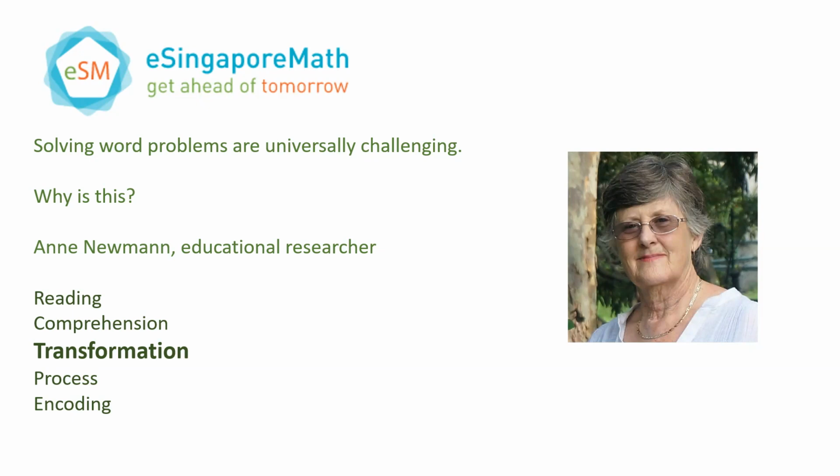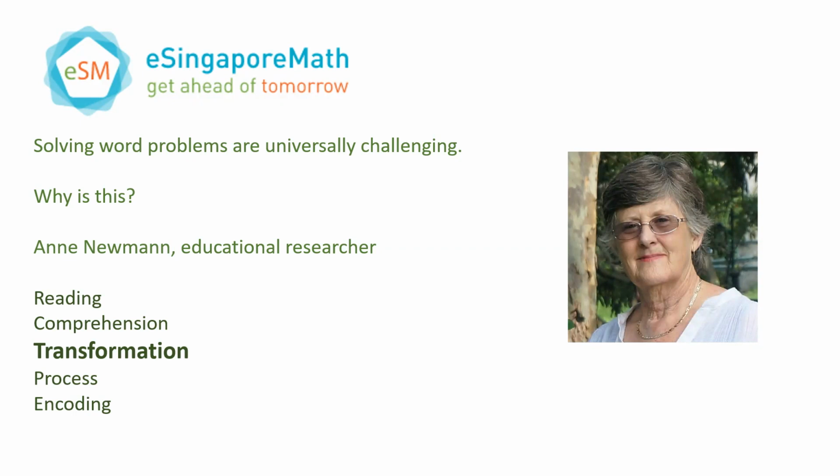Next, she identified the process, and that's basically just doing the calculation to find the answer. And then last but not least, encoding, which is when we take that final answer and turn it back into the problem. We refer it back to the problem.